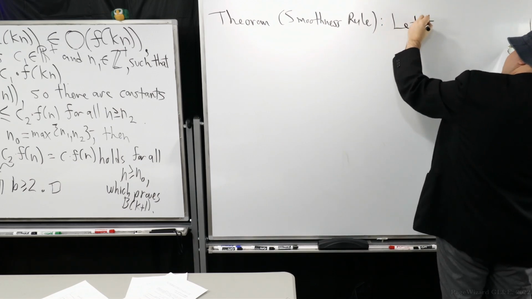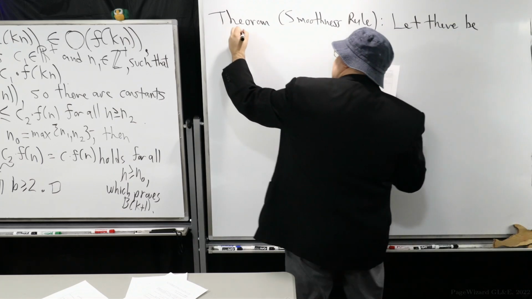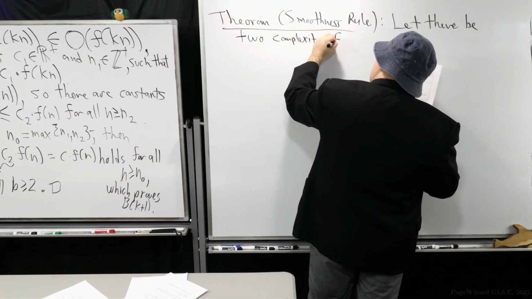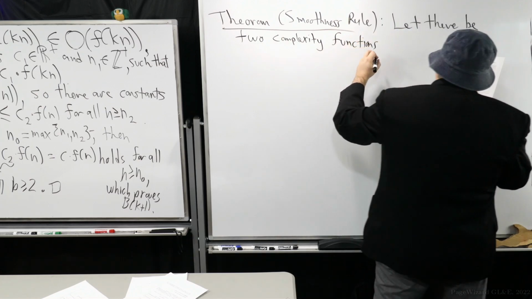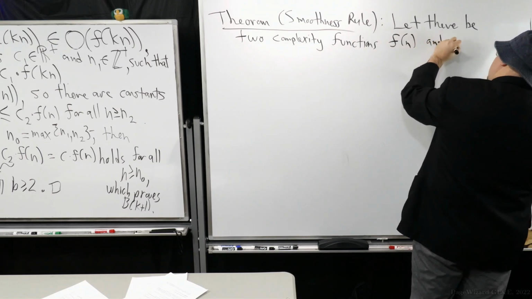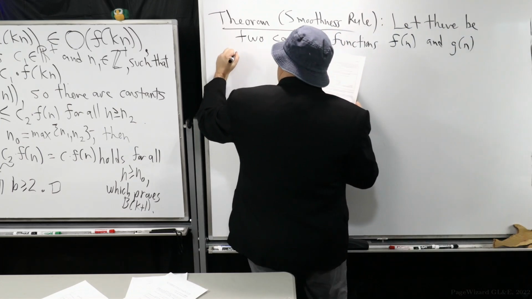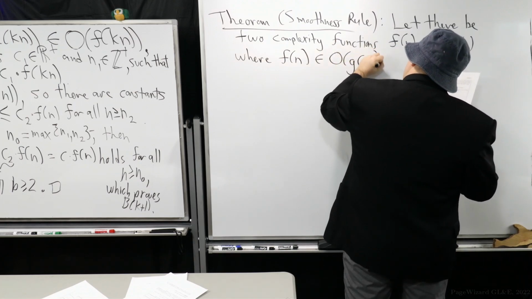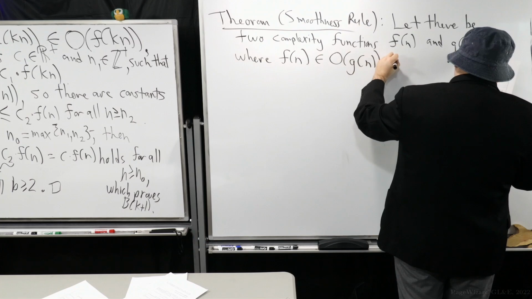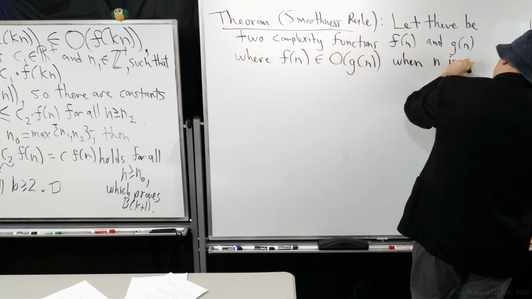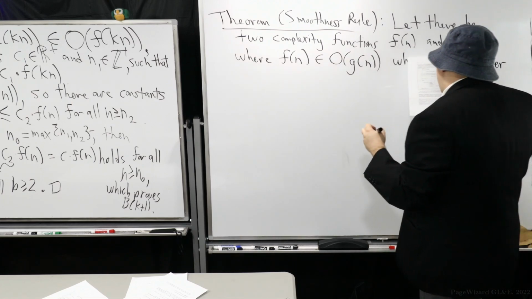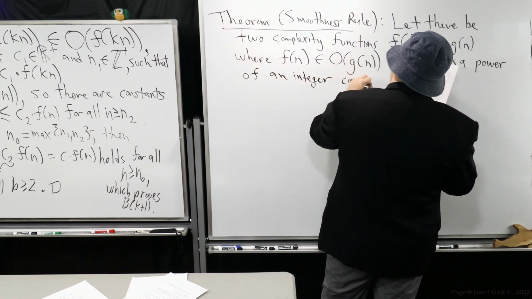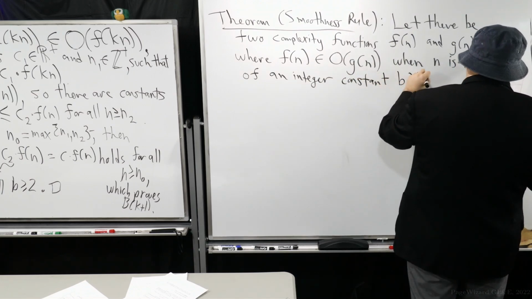Let there be two complexity functions F and G, where F is big O of G when n is a power of an integer constant b greater or equal to 2.